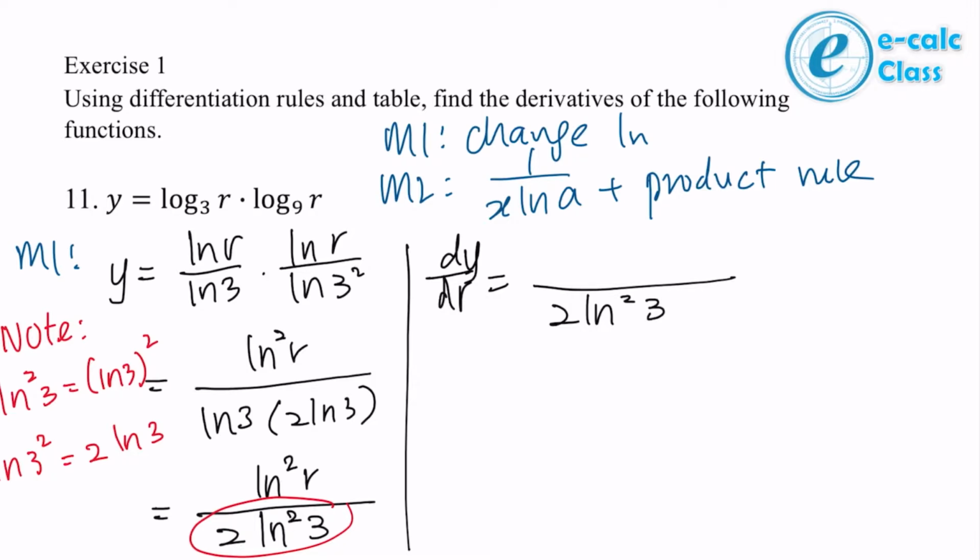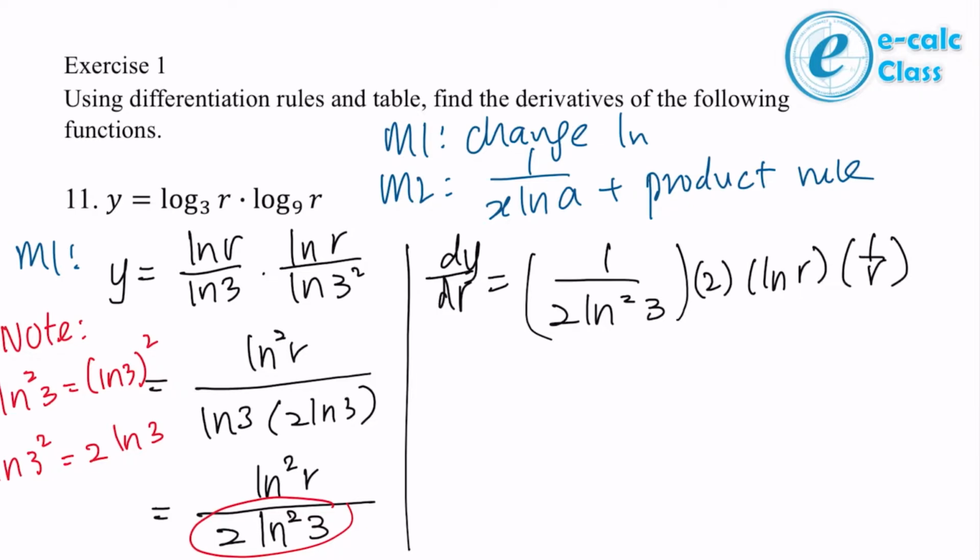This is a constant, am I right? Then you differentiate this ln r. Bring down the power, minus 1, differentiate inside function.